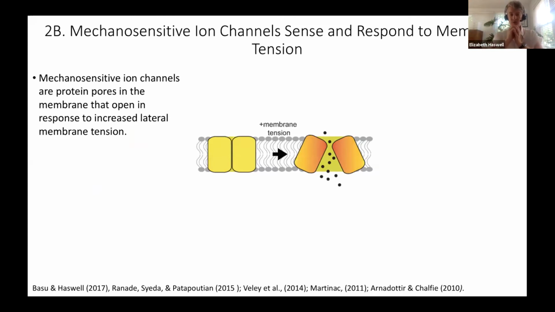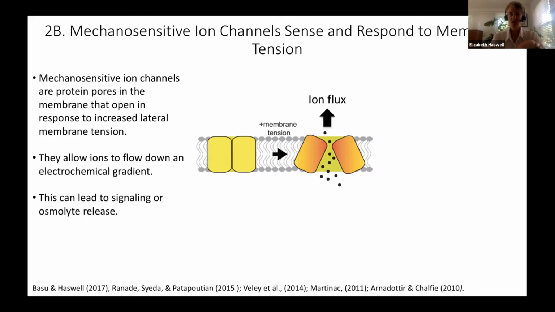If you blow up the balloon, like you add air and it expands, that's increasing lateral tension in the membrane, in the material that makes up the balloon. And that lateral tension is what gates the channels. Once the channels open, ions can flow across them. So these are not transporters. They're not pumping, they're not using energy. They're just letting ions flow down their electrochemical gradient, so it could be into the cell or out of the cell.